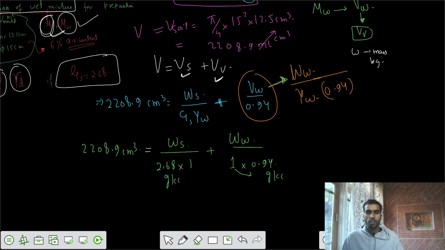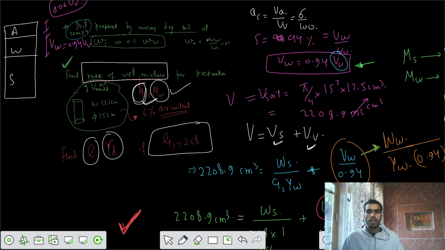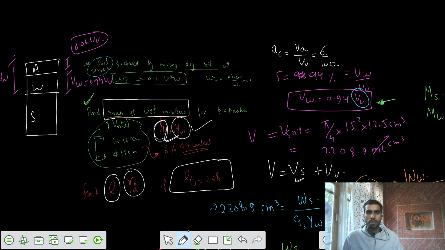Now, how can you convert that weight of water? We have one equation, two unknowns. So we should see whether we can replace this by some water content relation. The weight of the water can be related to the weight of solids by the water content relation. And it's mentioned that water content is 0.1.